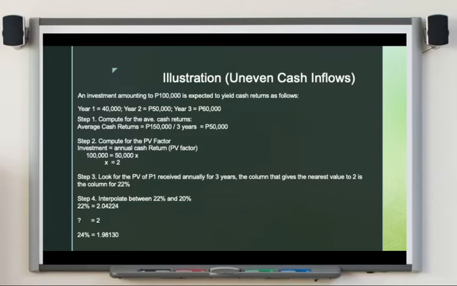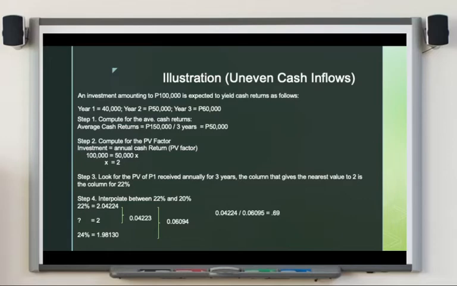Okay, and then we do again the interpolation. So the difference from 22% to what we are looking for is 0.04223, and the difference from 22% to 24% is 0.06094. We then get the ratio, and that is equivalent to 0.69.